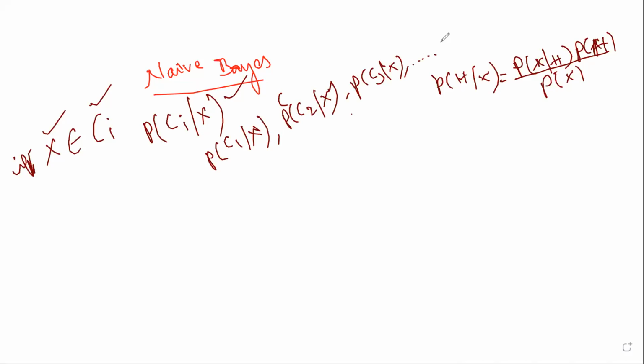So what is the Bayesian condition? This is the hypothesis, that X belongs to the class Ci. So to make this true, what is the condition?